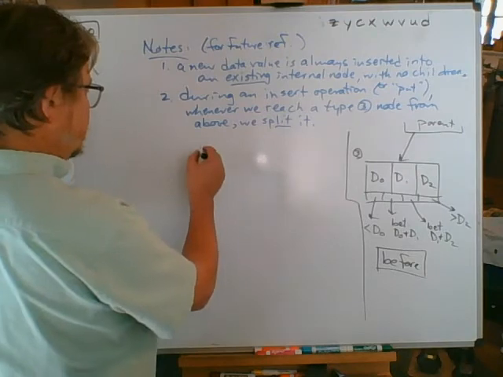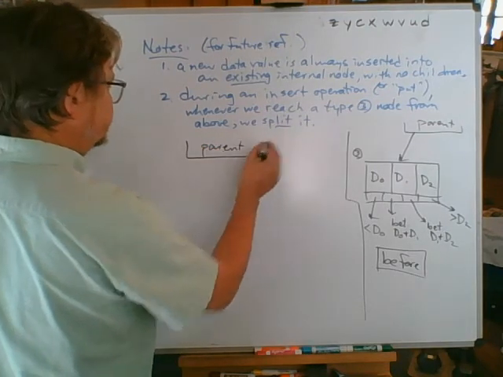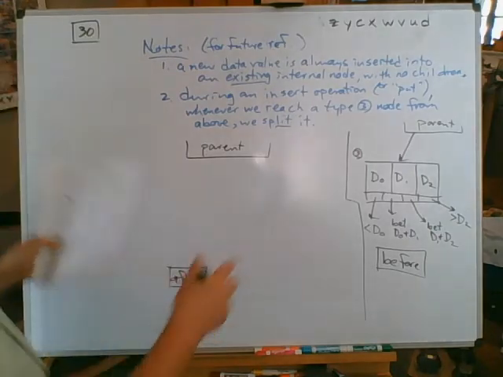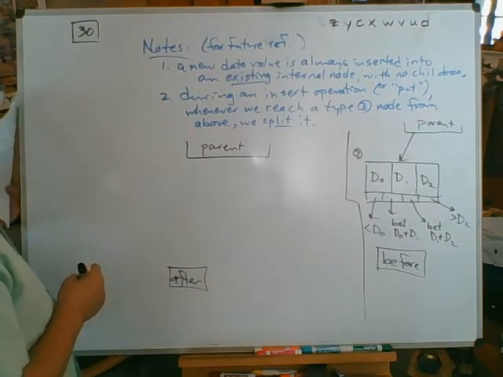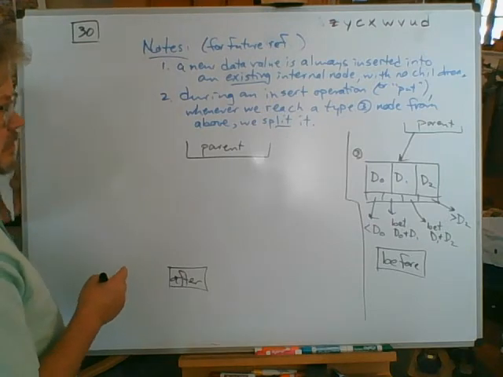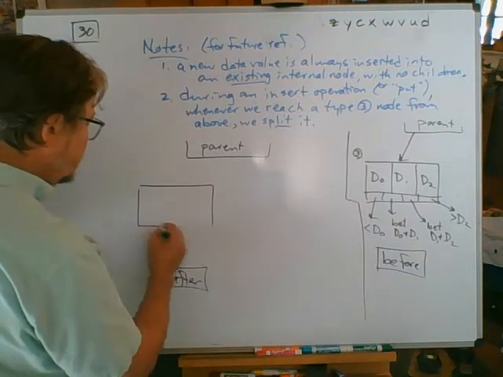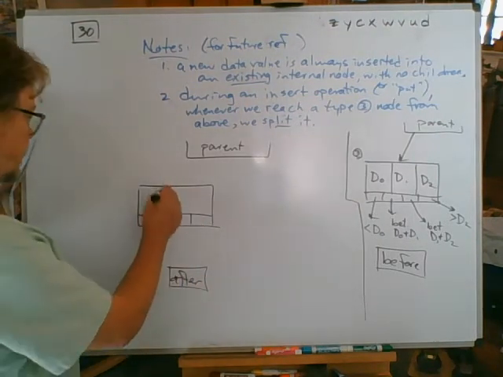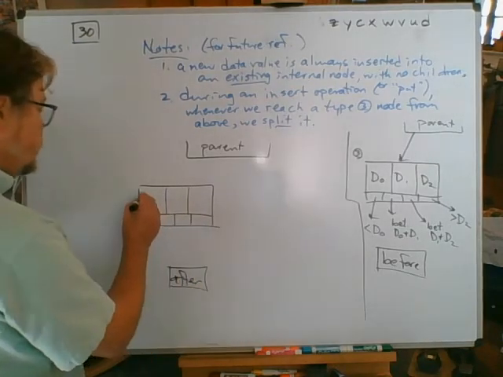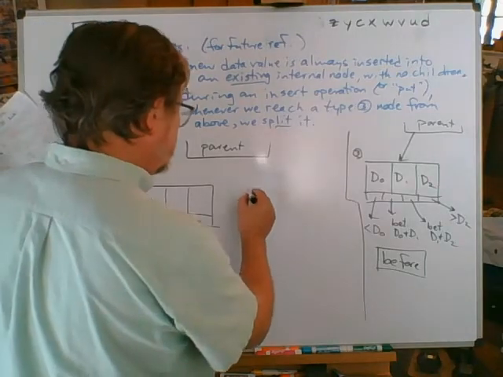The parent's still going to be there, of course. Your parents are always there for you. But this node is going to pop. It's full. I can't put any more data in there. I don't have any space for the thing that's trying to be inserted. So it splits into 2 of these big, crazy looking nodes where D0 is alone in the first of the 2 pieces that it splits into.